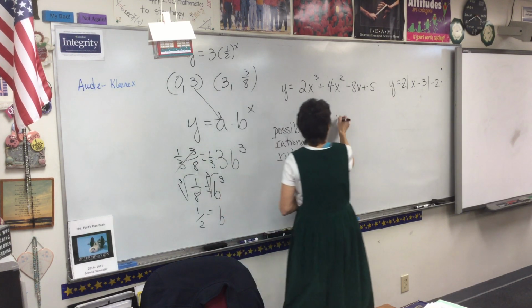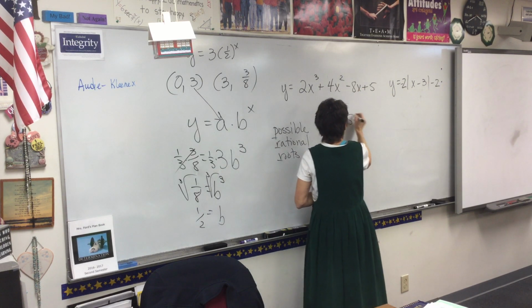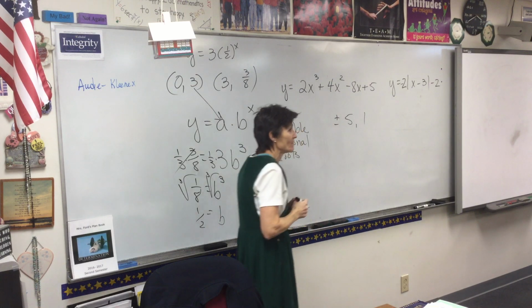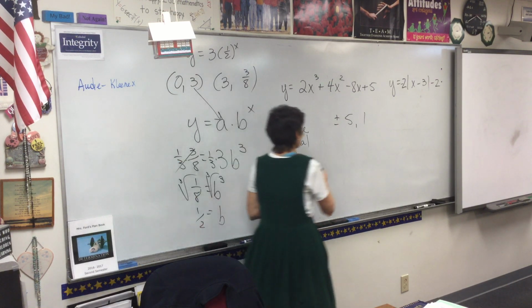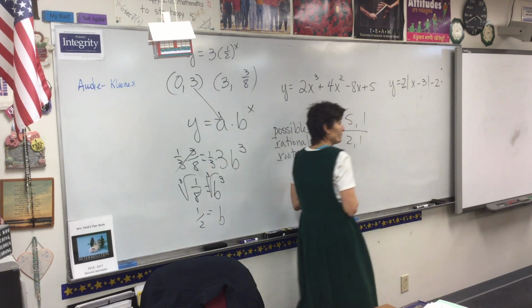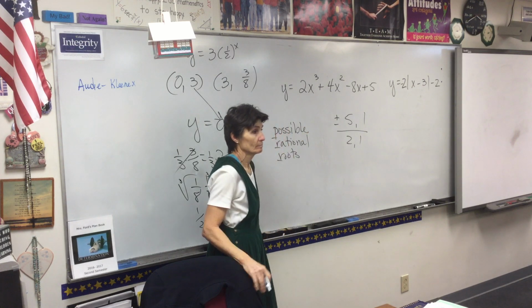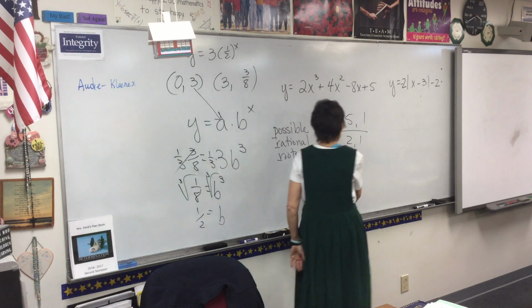PRRs are always factors of the last over factors of the first. So factors of the last would be 5 and 1, over factors of the first, which are 2 and 1. So what is that altogether?